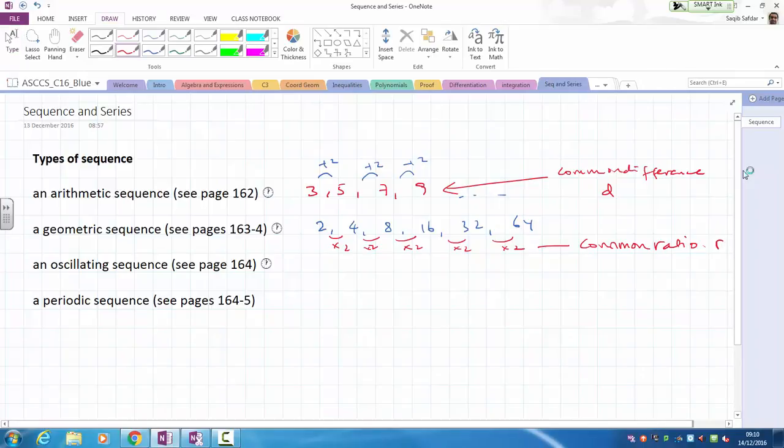Now, an oscillating sequence is one where the sequence behaves like this. So you've got 5, 6, 5, 4, 5, 6, 5, 4. What's going on here? It's repeated, but what else is going on? It's oscillating. What does that word oscillate mean?